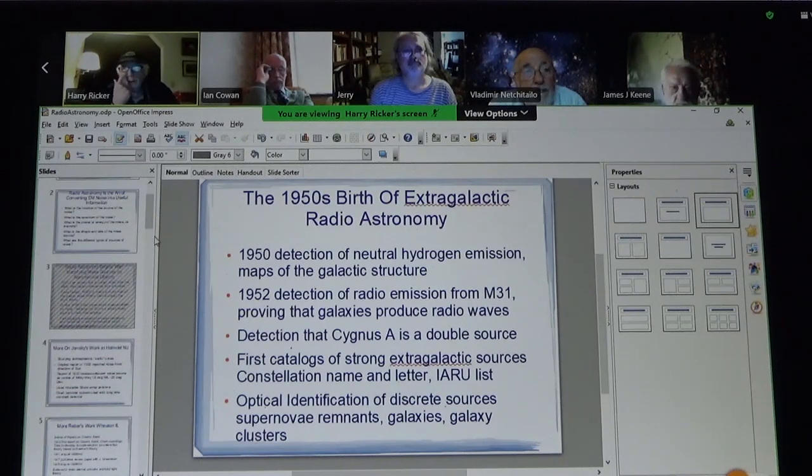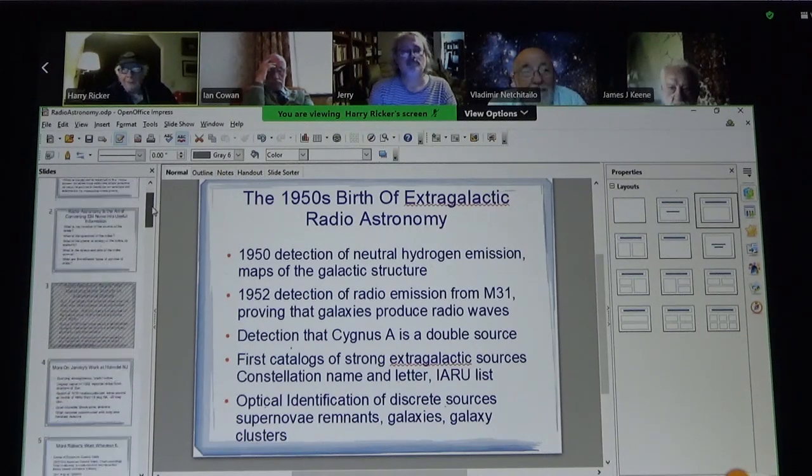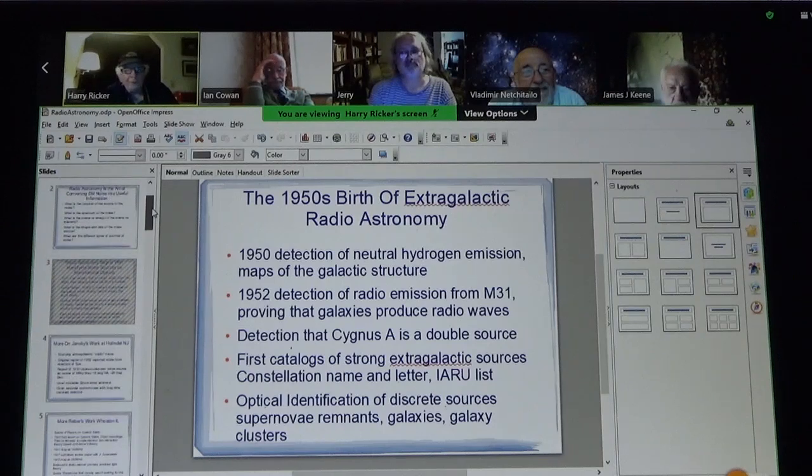Now, what they do is they measure the Doppler shift of the frequency, and that tells them what spiral arm of the galaxy they're in, that sort of thing. I'm more interested in the extragalactic stuff, so I didn't really look at that very closely.